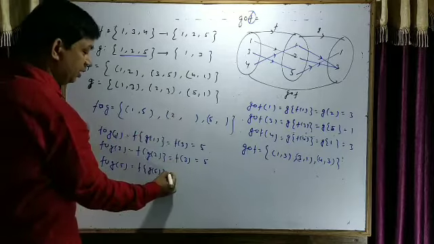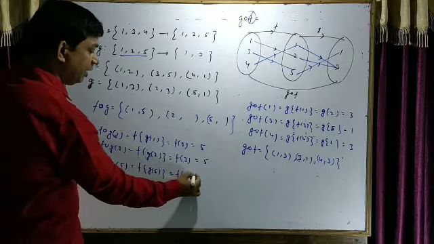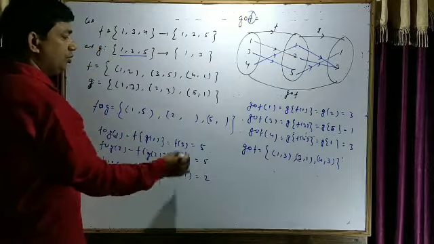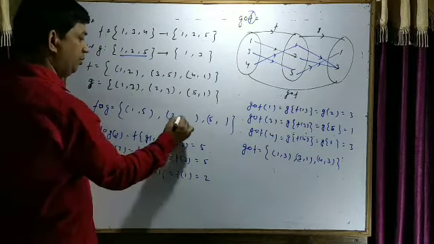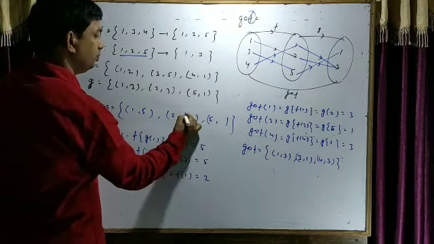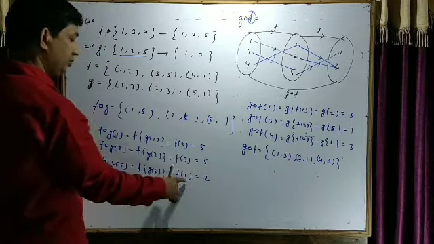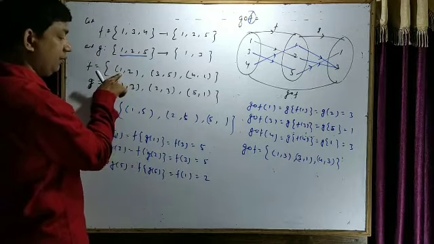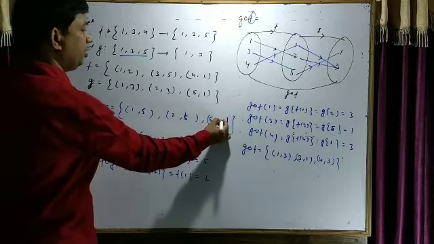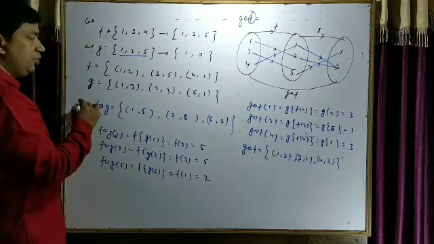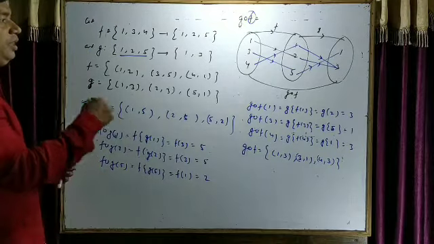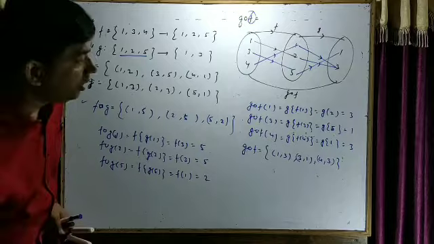G of 5 is 1, and F of 1 is 2. So 5 is related to 2. This is the answer. So here GOF is there and here fog is there. This is one example. Some more examples you write.